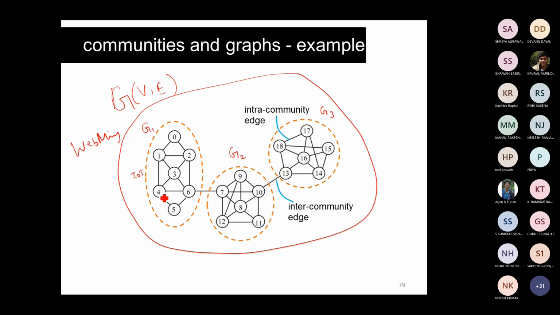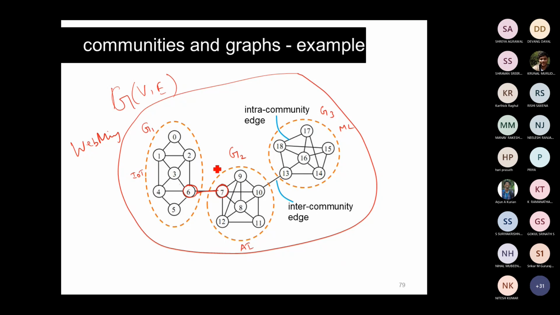Still, I'm subgrouping some of the people who are interested in AI. I'm finding some people who are interested in machine learning. So you see here, 6 and 7 are going to be the students who like both IoT and artificial intelligence. So they are going to act as an inter-community edge.